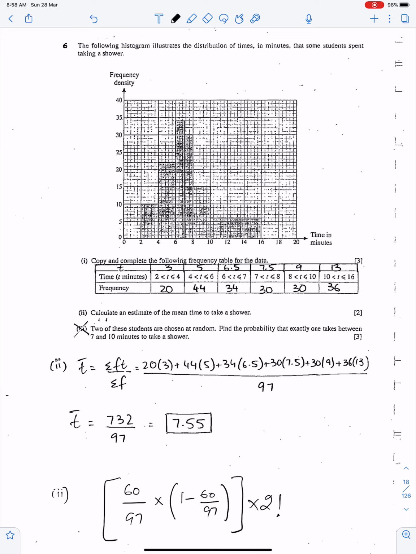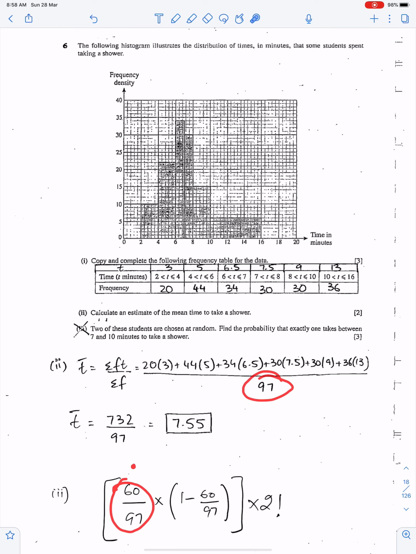And probability, this is so simple. Two of these students are chosen at random. Find the probability that exactly one takes between 7 and 10 minutes to take a shower. So between 7 and 10 minutes, there are 60 students. So 60 upon total, and the total is 97.